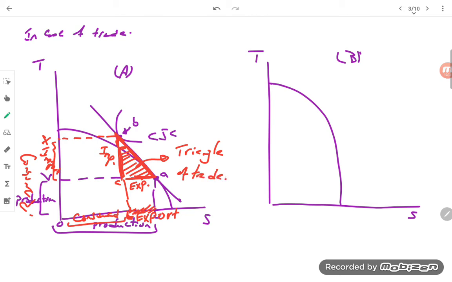We can do the same for country B. This is the point of production. And the point of consumption will be achieved at the point of tangency of the CIC to the price line.